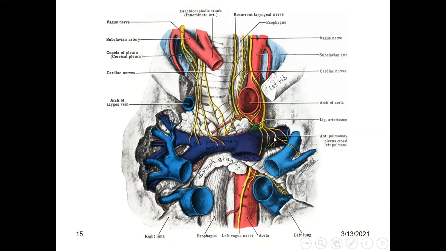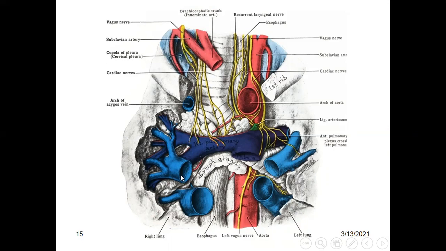On the left side, the left pulmonary artery doesn't divide into segments, but it gives segmental arteries as it goes inside the interlobar fissure. Again, you can see the superior and inferior pulmonary veins.